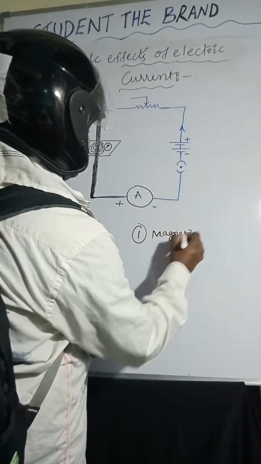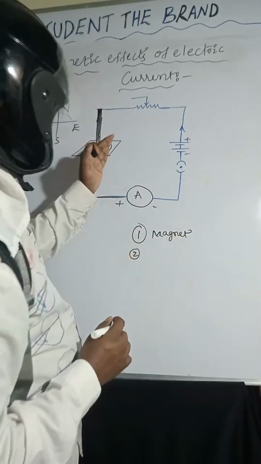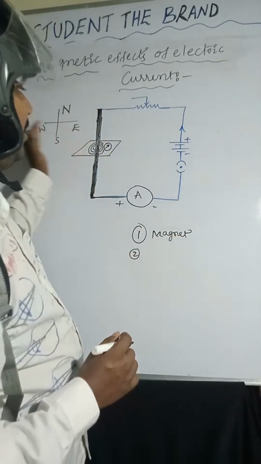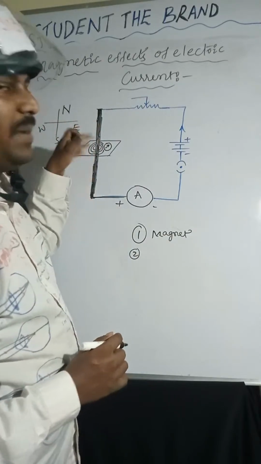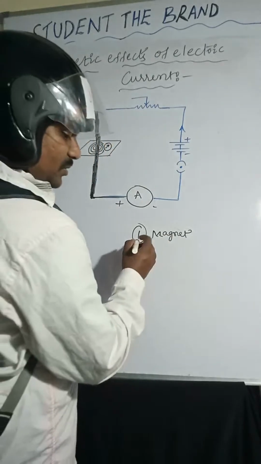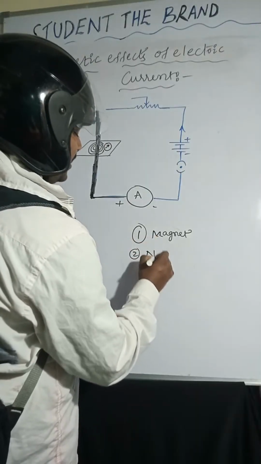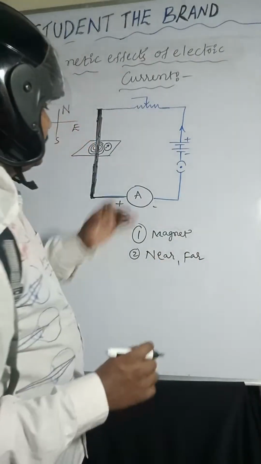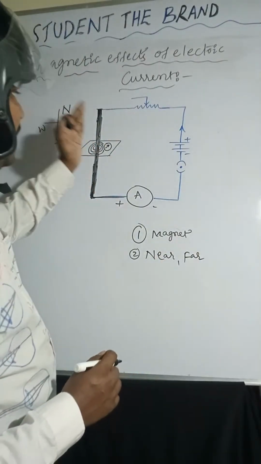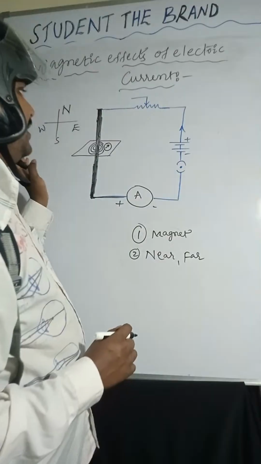Second point: as you move away from the conductor, the magnetic field will be less, and as you move near to the conductor, the magnetic field will be more.